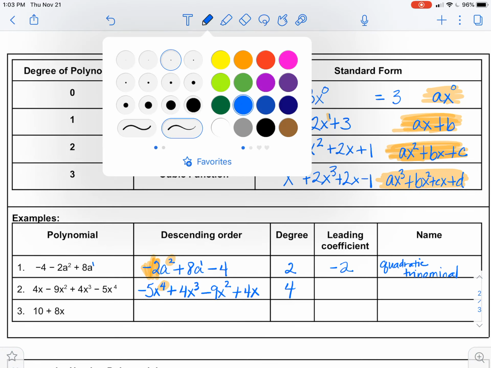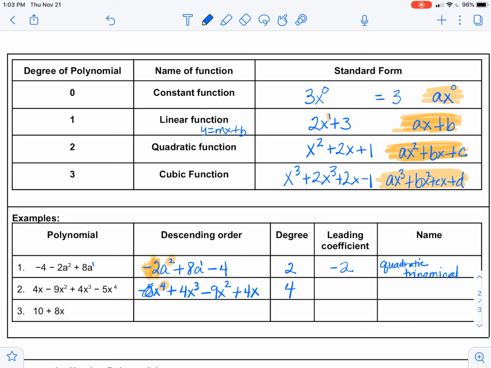My leading coefficient is the 5, negative 5. And the name of it, again, it's an x to the 4. And so that I did not give you. That is called a quartic. Quartic. And since it has 4 terms, it is a quartic polynomial.